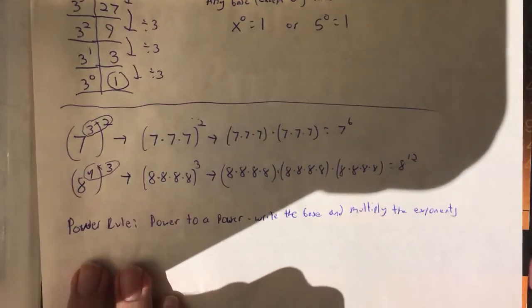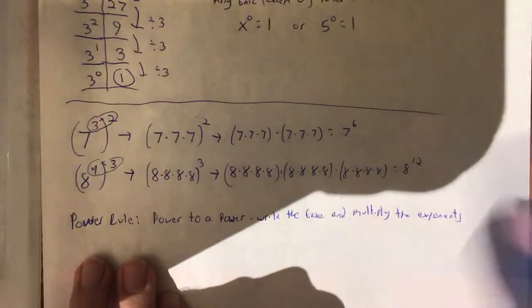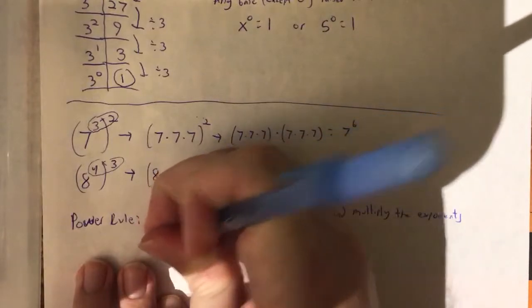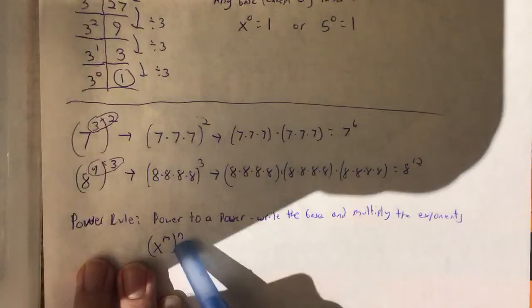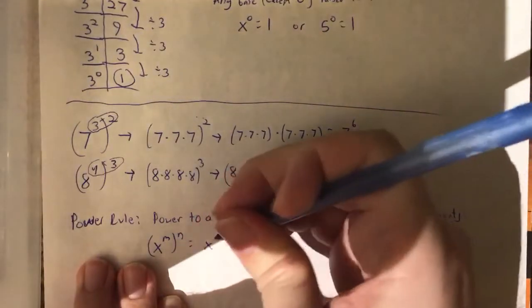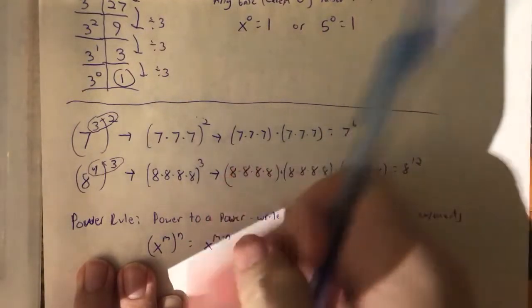So, power to a power, write the base and multiply the exponents. And it looks like this. So, something raised to another power, keep the base, and just multiply the exponents together.